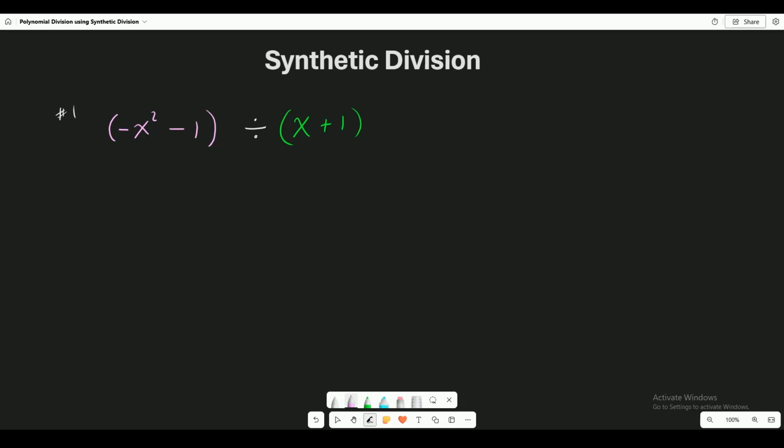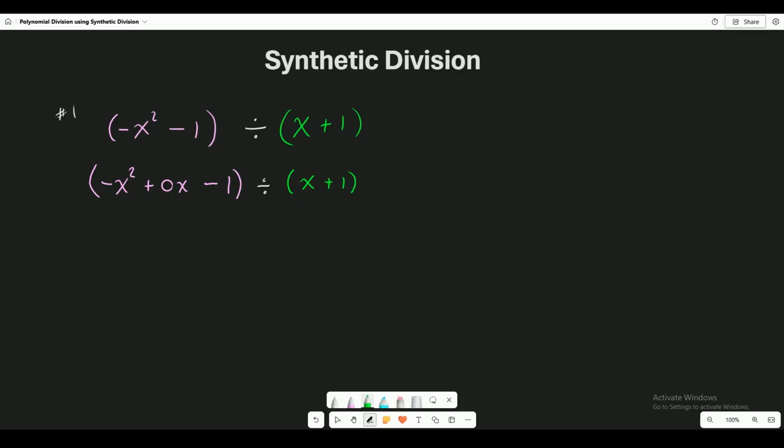So the first thing I'm going to do is rewrite it as negative x squared plus 0x minus 1. Okay? I didn't change anything. All I did was write the missing term. We need the missing term. And we're still dividing by x plus 1.